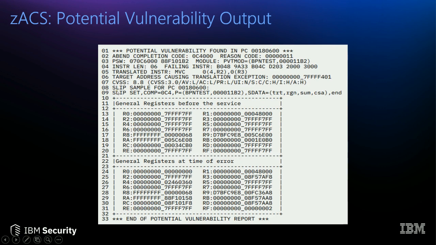Line 8 reports the header for the sample SLIP command. Line 99 provides an example SLIP command when one can be automatically generated. And then we have the general registers before the service, the general purpose registers immediately before the service was invoked. And here the general purpose registers at the time of error. Okay, just for example. Okay, I am finished.